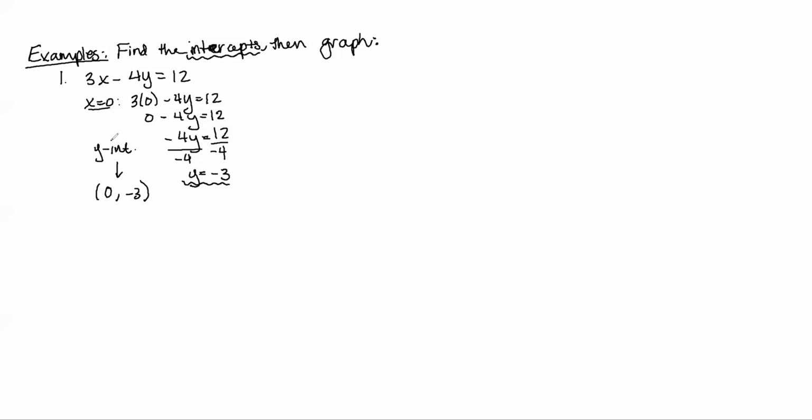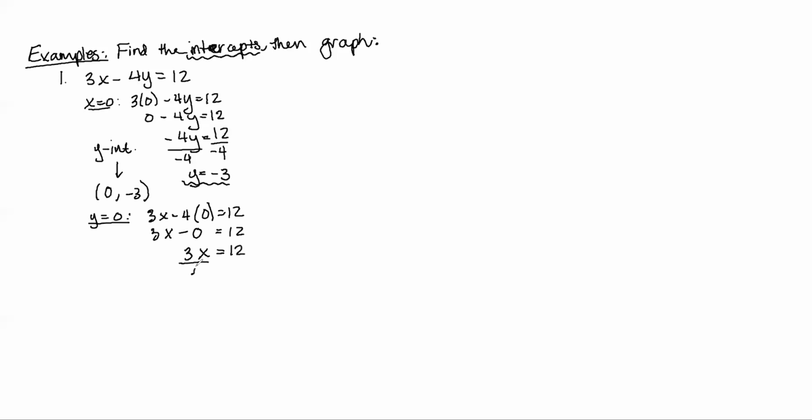And now let's go ahead and find our x-intercept by plugging in y equals 0. So we're going to have 3x minus 4 times 0 equals 12. 4 times 0 is 0, so we have 3x minus 0 equals 12. 3x minus 0 is still 3x equals 12.